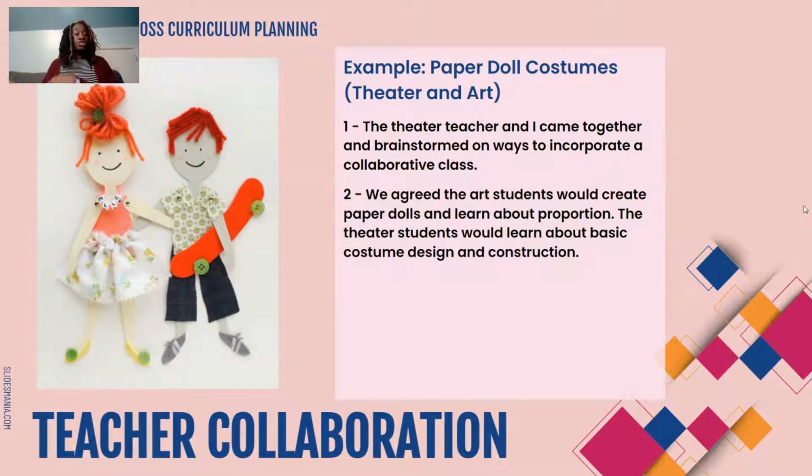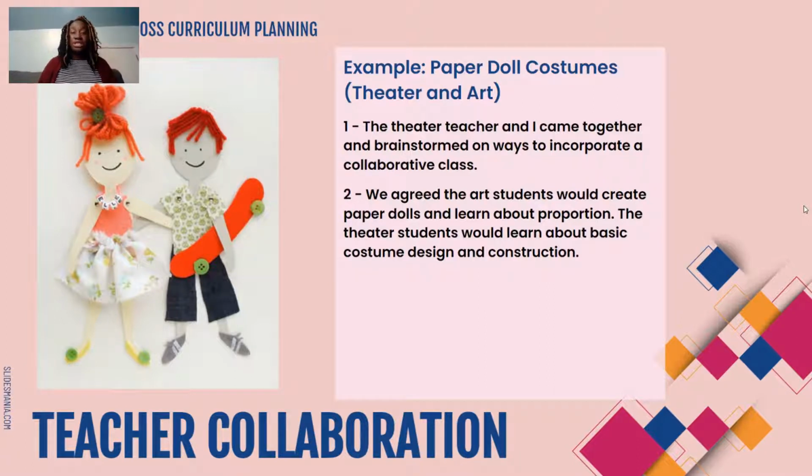So we agreed that the art students would do the paper dolls. So the art students are going to learn about proportion, how to do a croquis, which is basically the outline of the body that will be used for all garments. And they will put the dolls together and have them ready for the theater students to use.